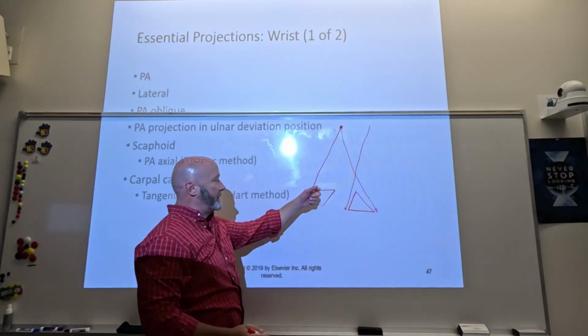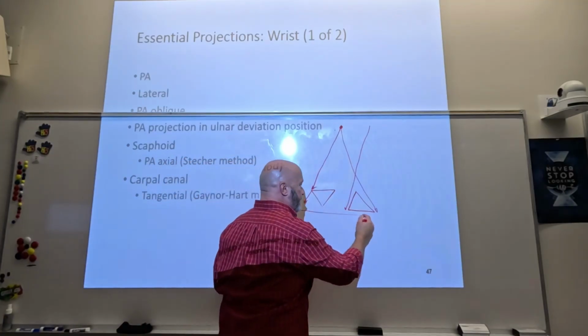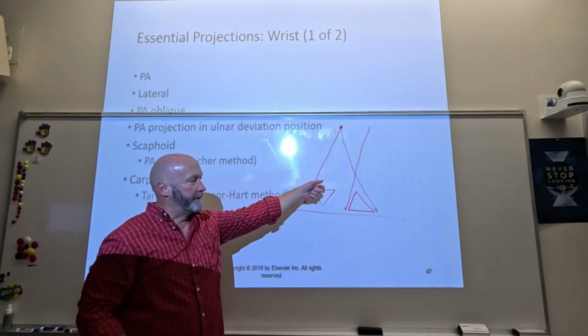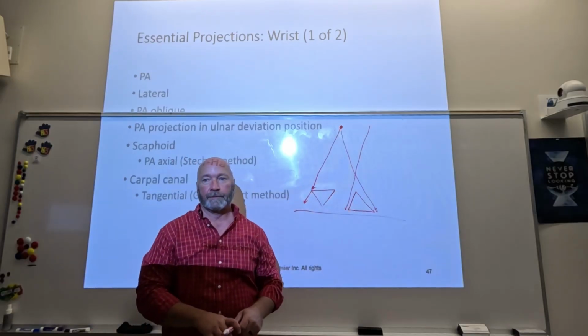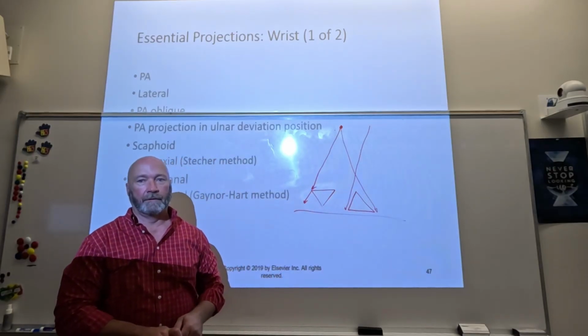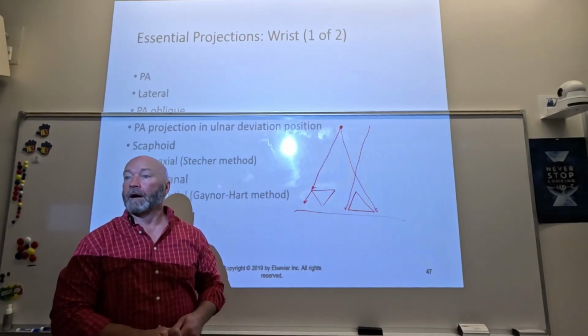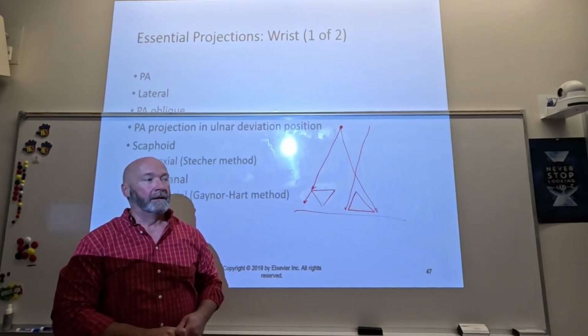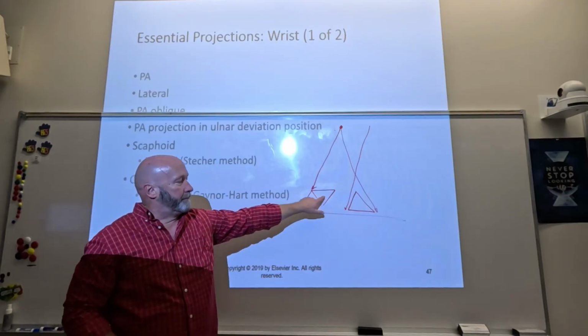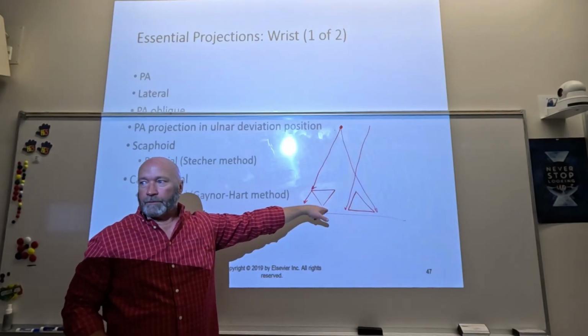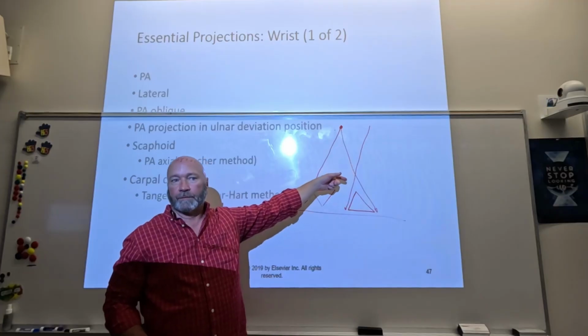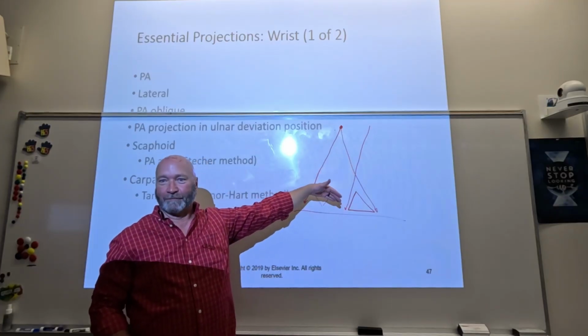Where the fat part is away from the image receptor is down here. Is the fat part away from the image receptor or closer to the image receptor? Away? Yeah, away. So our wrist bones are more narrow on the anterior portion than they are in the posterior portion, but we put the posterior portion further away from the image receptor.